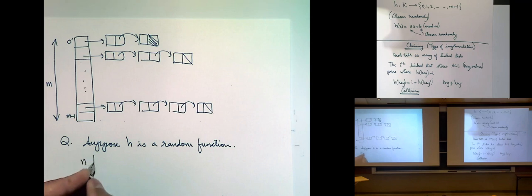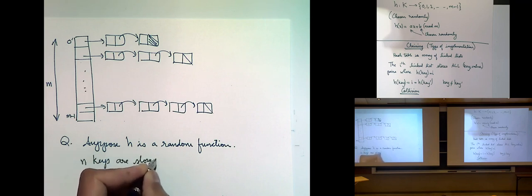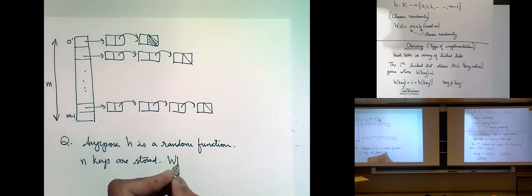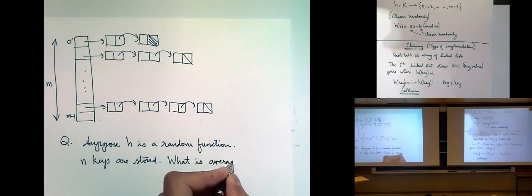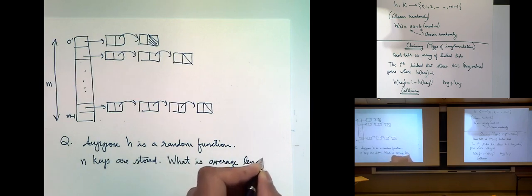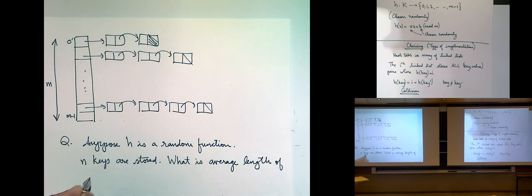N keys are stored, so there are n things stored in here. What is the average length of a linked list in the hash table?